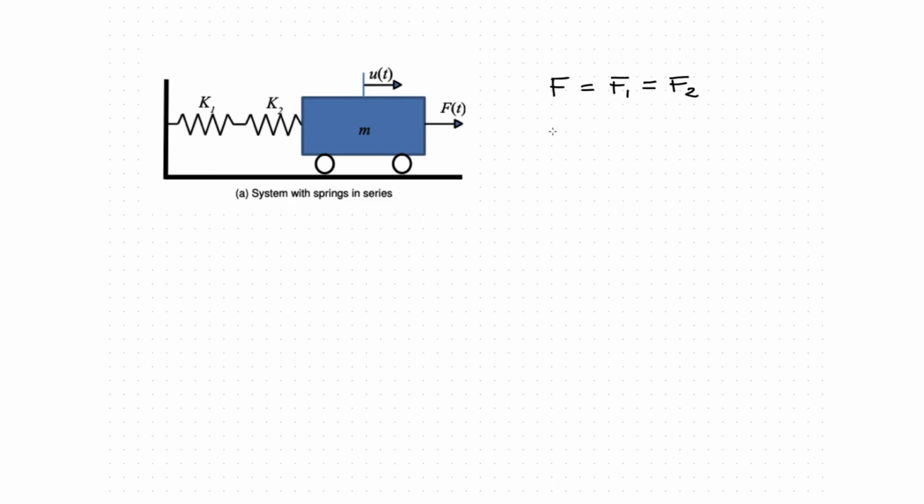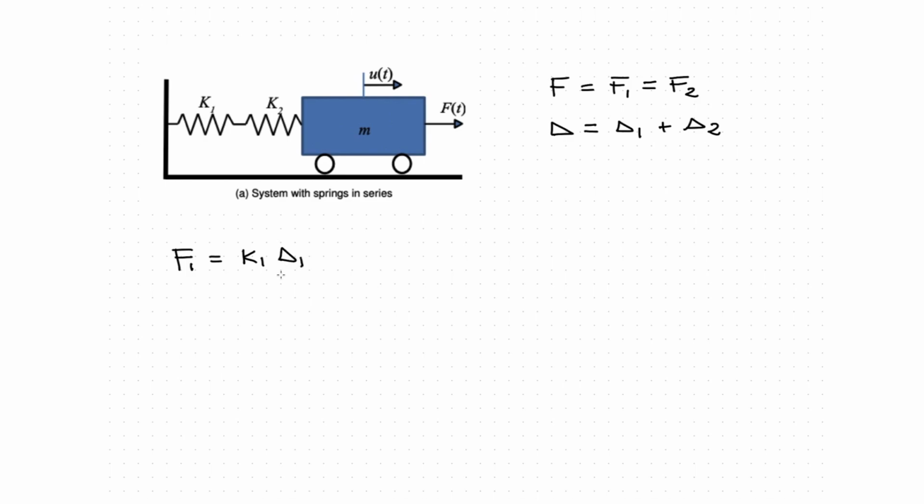On the other hand, the total displacement delta will be the sum of the elongation of spring 1, delta 1, plus the elongation of spring 2, delta 2. Looking at each spring individually, the force in spring 1 will be the stiffness of spring 1 times its elongation.